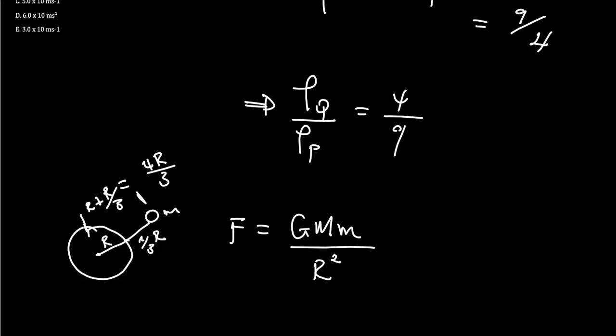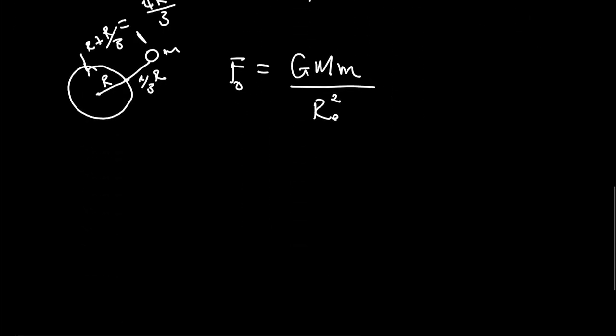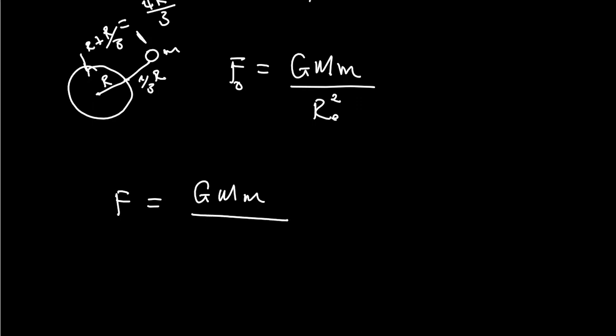So call that F naught. And so this is the radius of the Earth, E. And therefore, at that height, F is going to be Gm divided by 4/3 r, all of that squared.